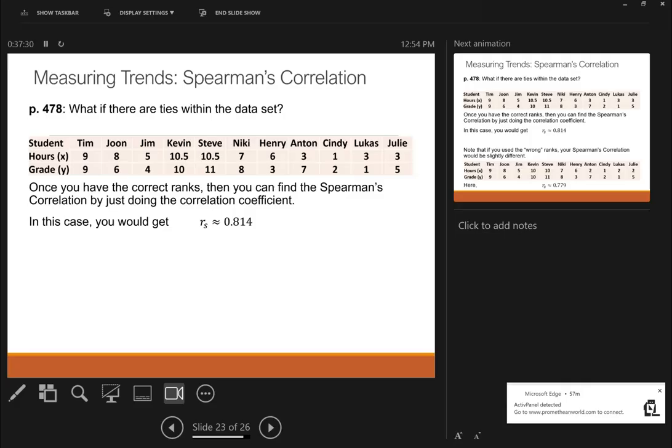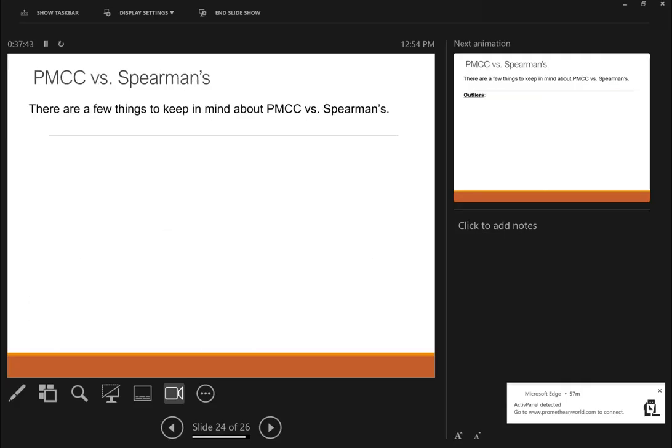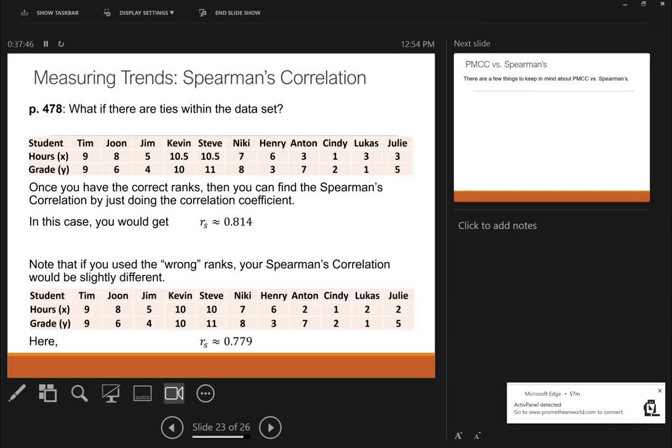So once I have the correctly ranked data, I do my R calculation with my rank order data, and I would get 0.814. Notice if I forgot to rank them properly and I just used that first ranking that I went through naively, I get a different R value, right? 0.814 is the correct version.